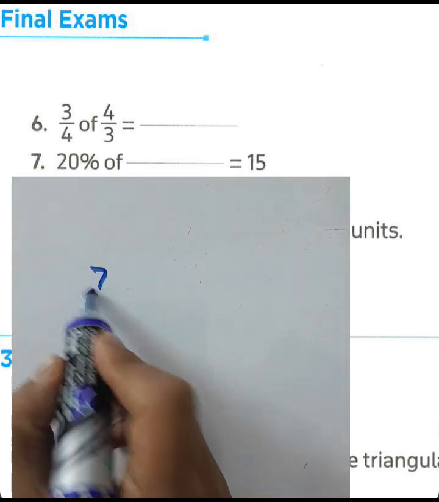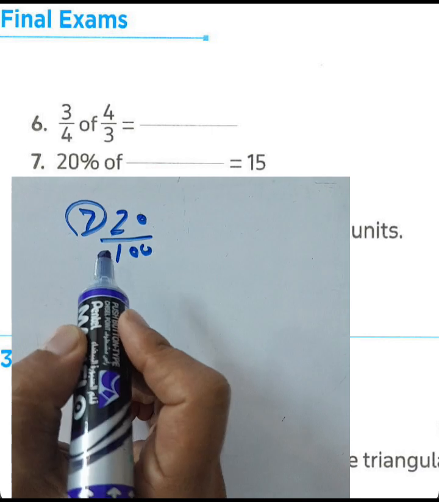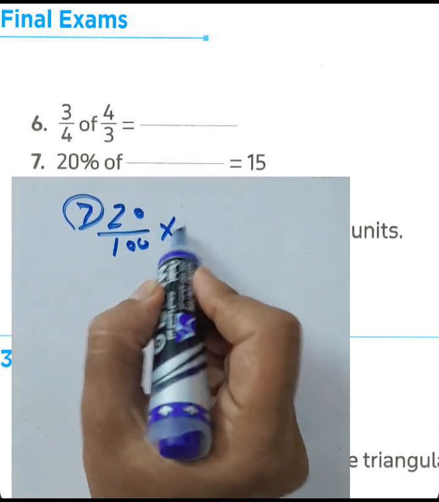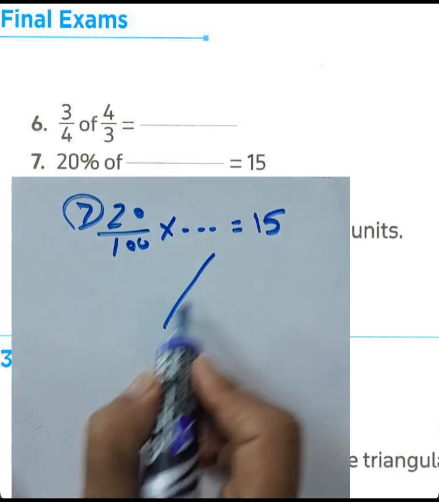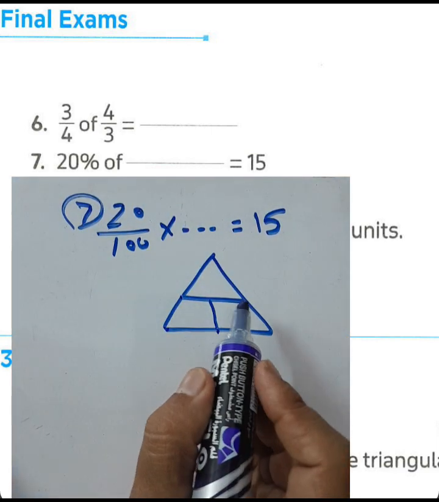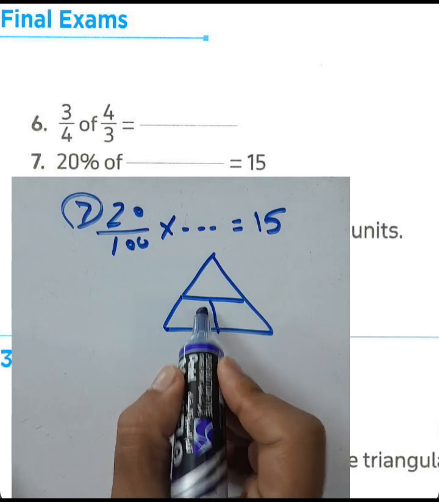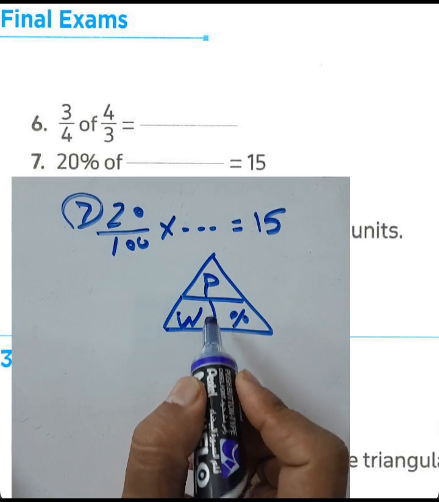Question number 7. 20%, meaning 20 over 100, multiplied by what equals 15? You want to find the whole number. We can solve this example by writing this method. Write here the whole number, the percentage and the part. We want to find the whole number.